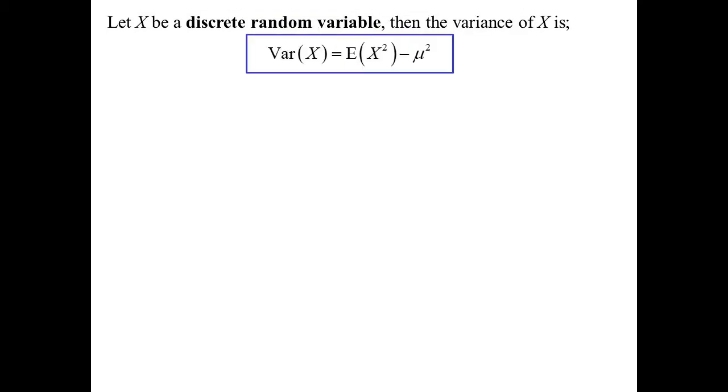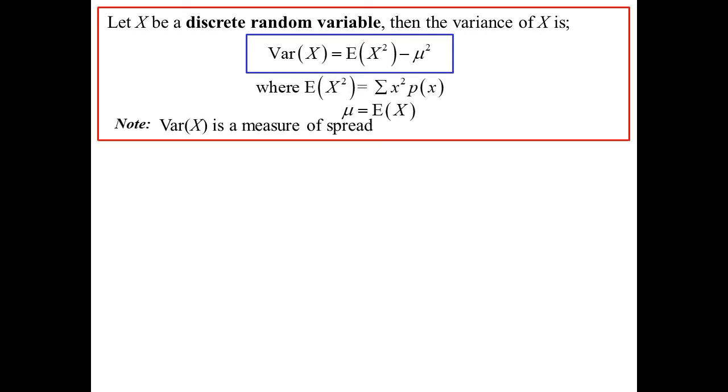Variance. So variance was the expected value of x squared minus the average squared, or another way of thinking about that is the expected value of x squared minus the expected value of x, squared, because average is expected value of x. And this is the measure of the spread, so how spread out the data is.